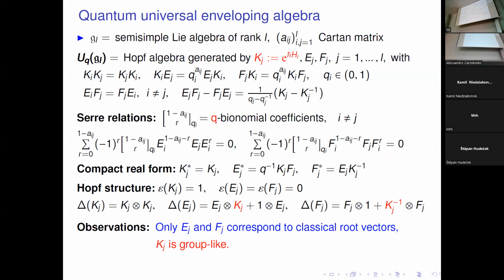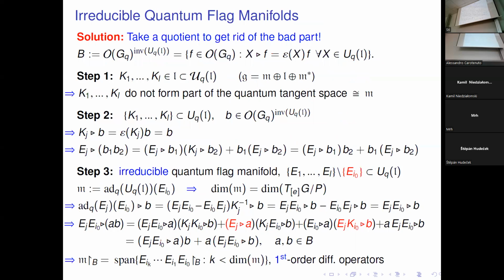When we deform this semisimple Lie algebra, the universal quantum enveloping algebra, there are elements, if you take the simple roots E, F, and some H, one of these elements looks like an exponential. So this is something that should be in the group. These are group-like elements, and that spoils a lot of the theory. They do not act as vector fields. We don't have enough derivations in the deformation.